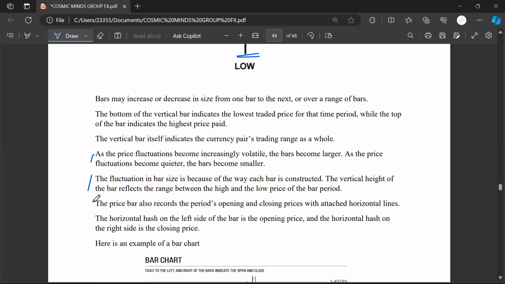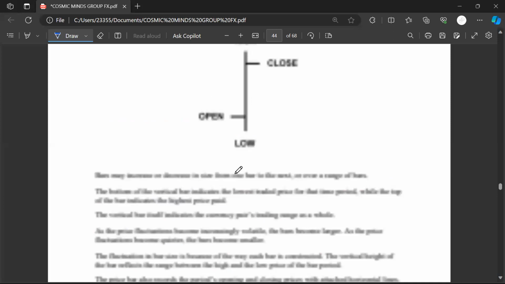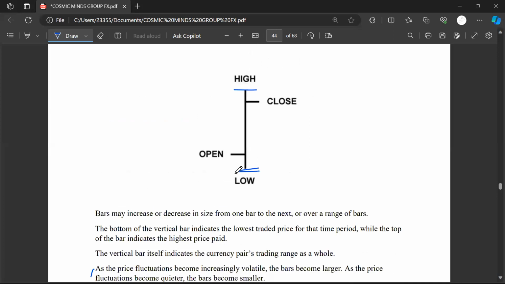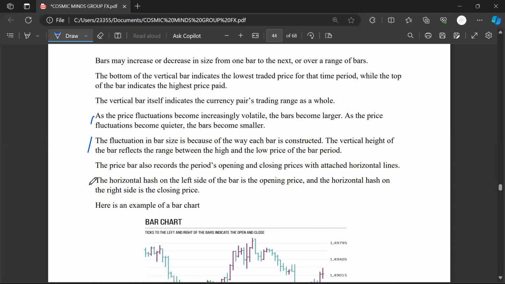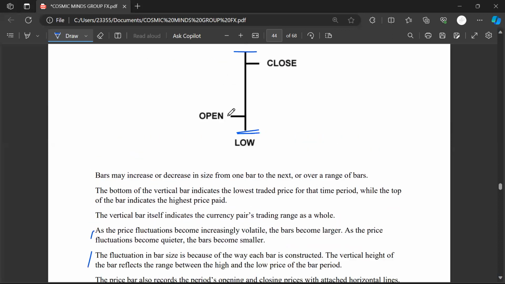Just picture this. The horizontal hash on the left side of the bar is the opening price, and the horizontal hash on the right side is the closing price, right? Look at it. This is the opening, and then this is the closing.